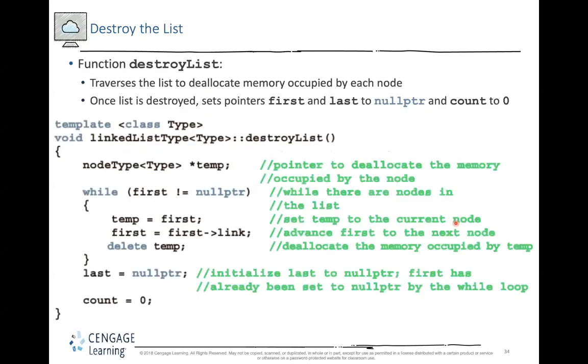If we want to destroy it, now we need to deallocate all the nodes so that we're releasing all the memory. So basically we need a traversal. So let's have a temporary pointer, temp, and remember that while loop we saw before for traversal, just when we need to access the whole list.